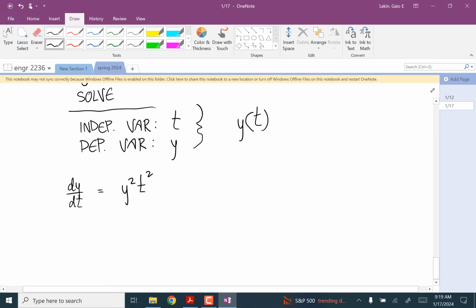And so if I get all the y stuff on the left side, all the t stuff on the right side, we have y to the negative second power dy is equal to t squared dt.